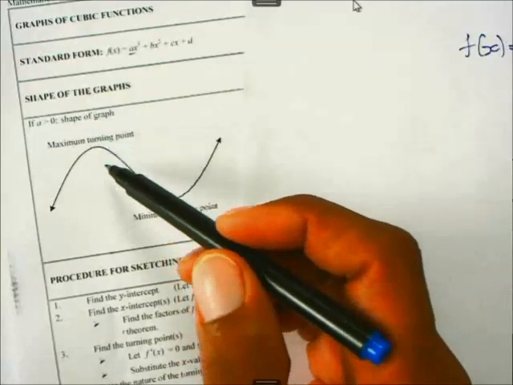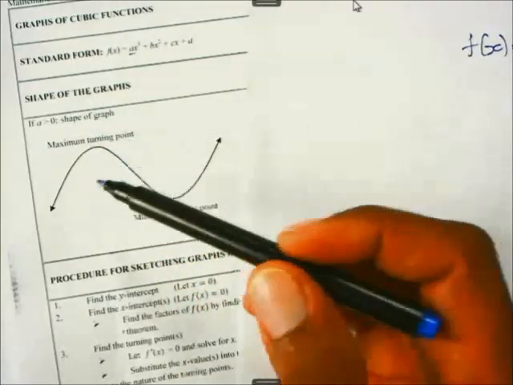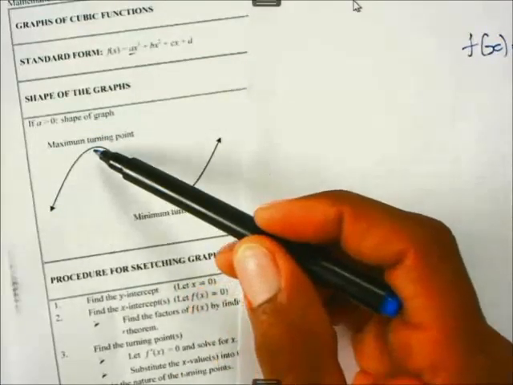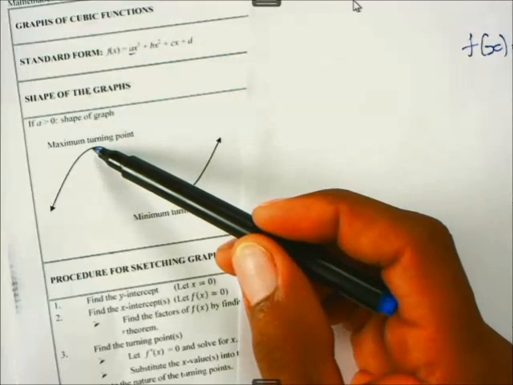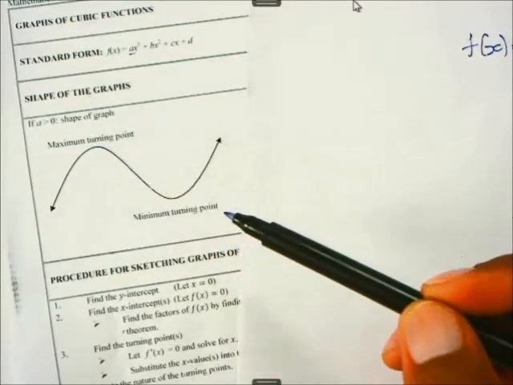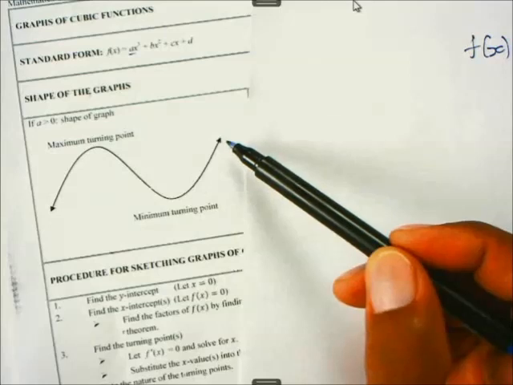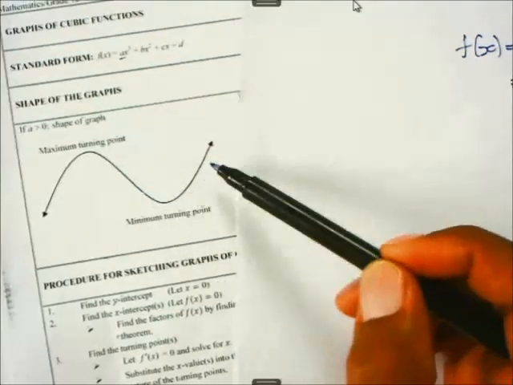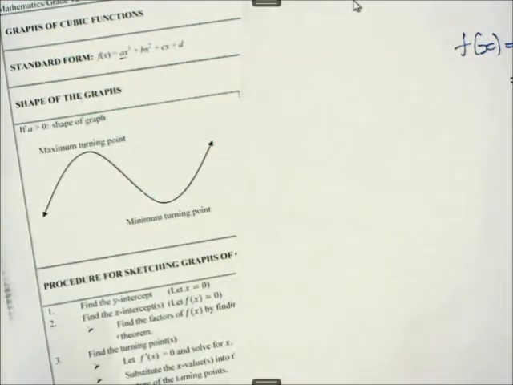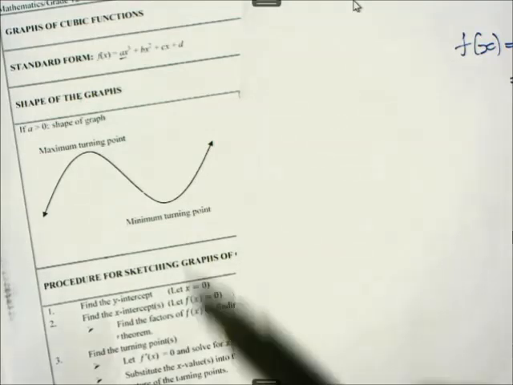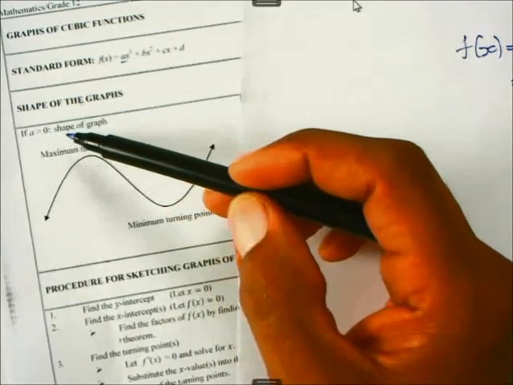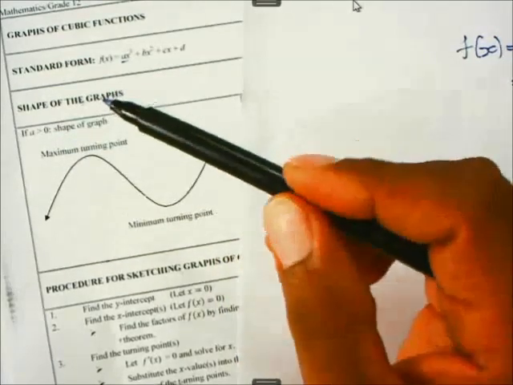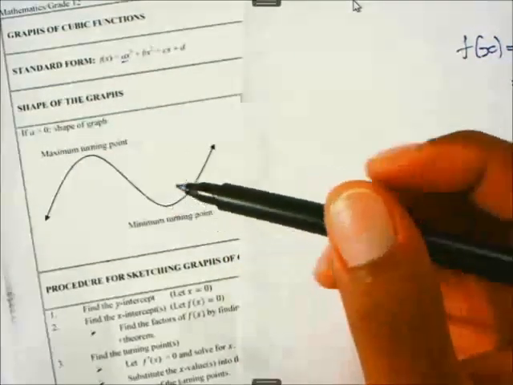Then the shape looks exactly like this. It means the function will increase first, and then we have the maximum turning point, and thereafter the function decreases and then increases. Immediately when it decreases and increases, we have the minimum turning point. In short, if the value of a is greater than 0, we are going to start with the maximum turning point.